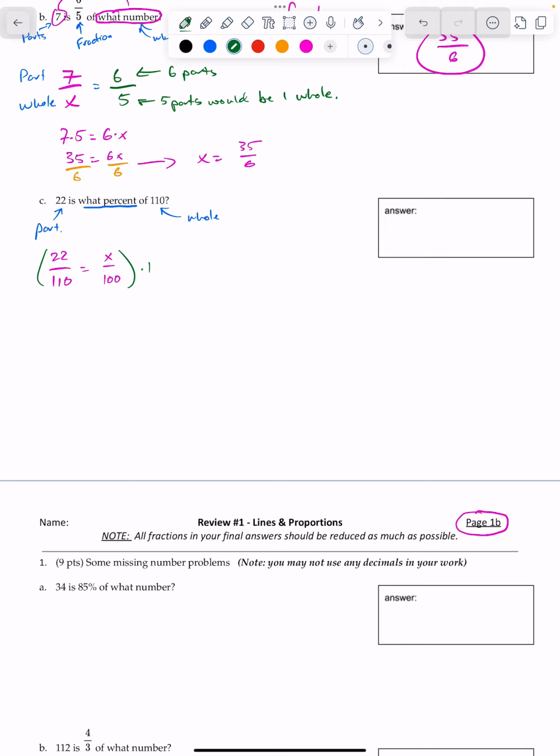All I need to do is multiply by 100 on both sides. Over here, that will go away, and I will get 100 times 22 divided by 110, which is 2200 divided by 110, and that's going to equal x because that's all that's left over there. And 2200 divided by 110 is 20, so x equals 20. So 20%.